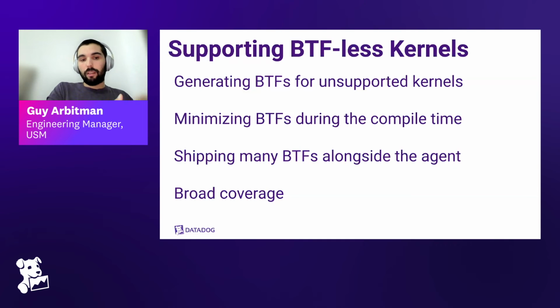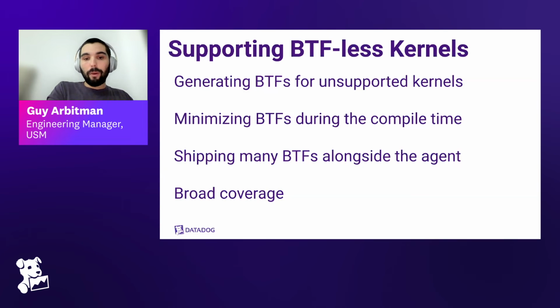But BTF Hub and the community created tools to minimize the BTF. The BTF itself contains information for every struct and field in the kernel, but eventually our program uses only a few of them and doesn't need all the information that exists.